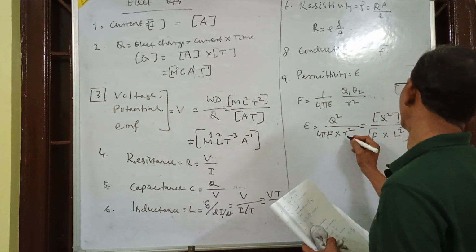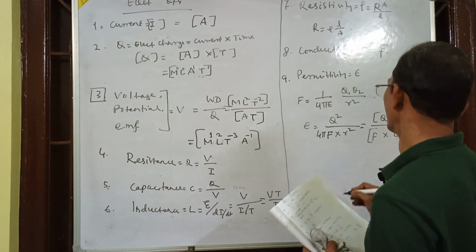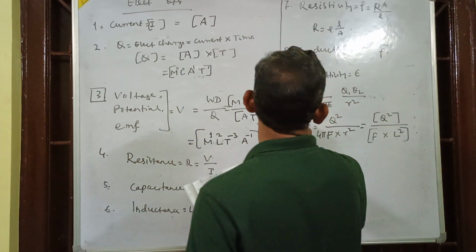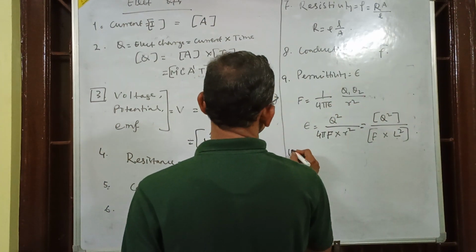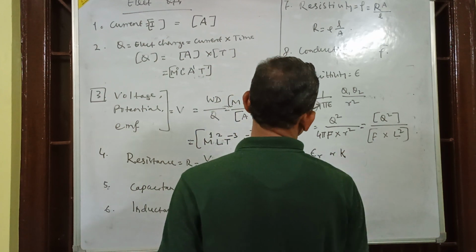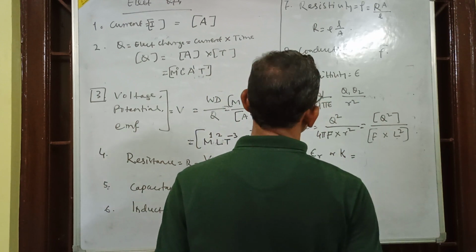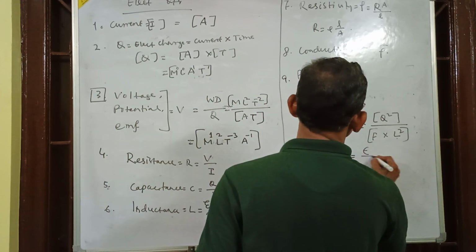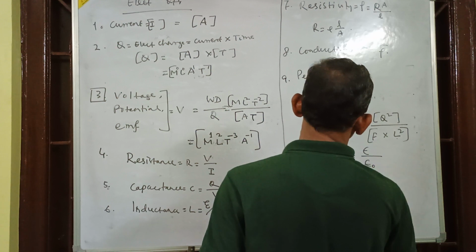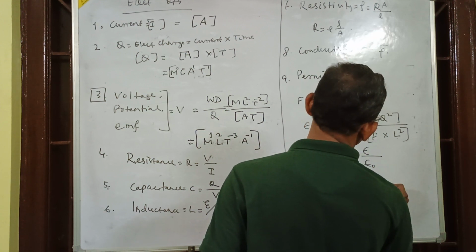R is distance, expressed in terms of length. The relative permittivity or dielectric constant is epsilon by epsilon 0, and it is dimensionless.